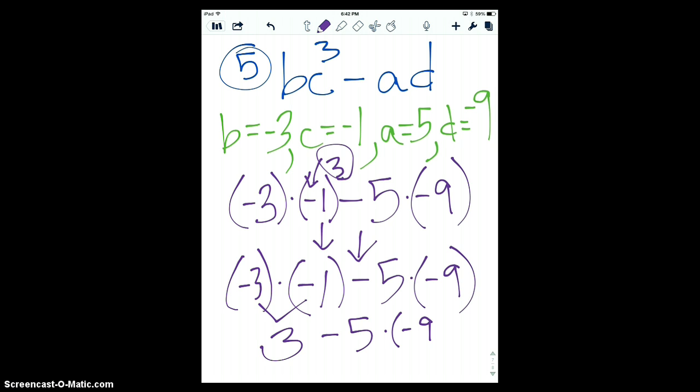Some of you might actually do both multiplications at the same time, which is fine. And now 5 times -9. I'm going to proceed with that before I subtract, because multiplication again comes before subtraction. So 5 times -9, I'm going to erase and write it in because I'm running out of room. And that is, so this multiplied together is a negative because they don't agree, 45.